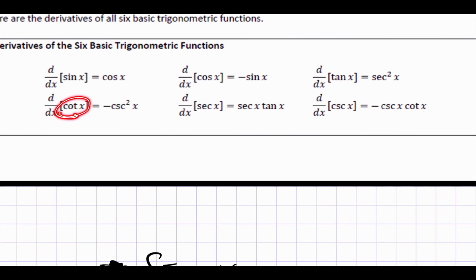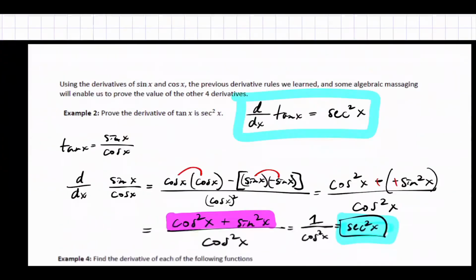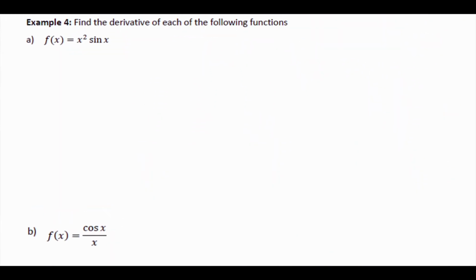Do the same thing, quotient rule. This guy I would change to 1 over cosine, use the quotient rule. This guy I would change to 1 over sine, use the quotient rule. You would do the same thing every time, and you would get whatever this is equal to. All right. So now that we know that, let's go ahead and actually do some problems.